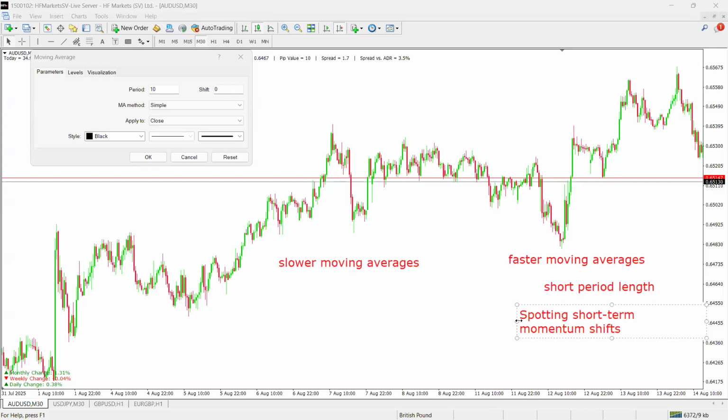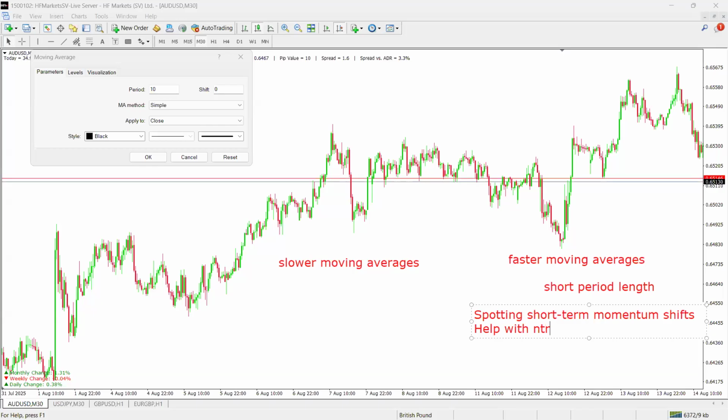So this one can help with short term, not long term, which means if you're more or less like a day trader, someone who trades within the day, or a scalper, someone who is just looking for price changes, you might appreciate the faster moving averages for short-term price shifts or momentum shifts in the market.